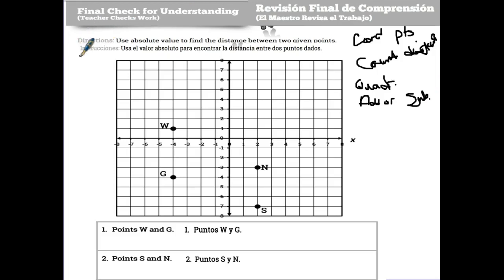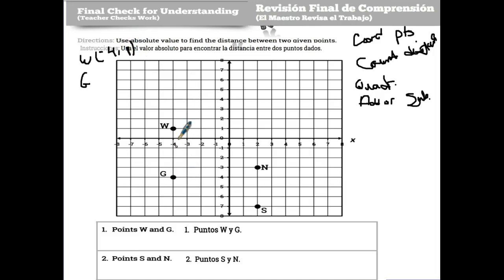Okay, so I'm going to write the ordered pairs for W and for G. So looking for my X coordinate for W, the X coordinate is negative 4. And my Y coordinate is 1.